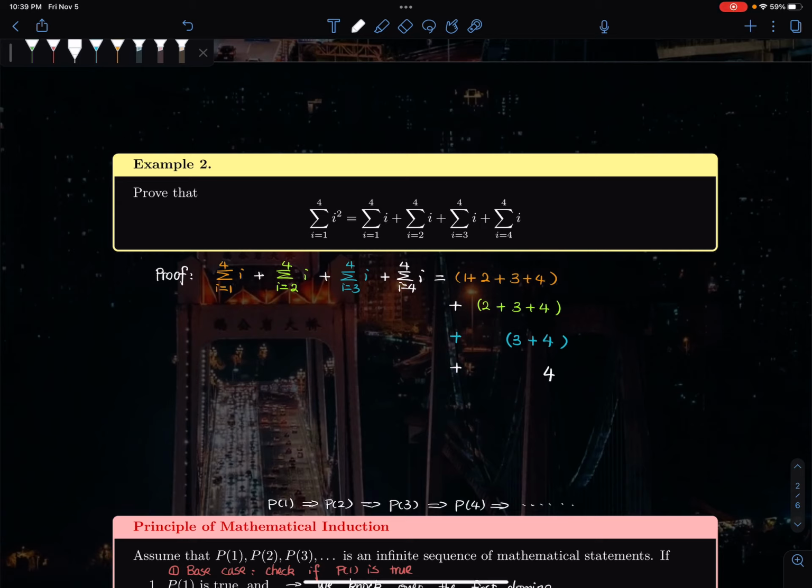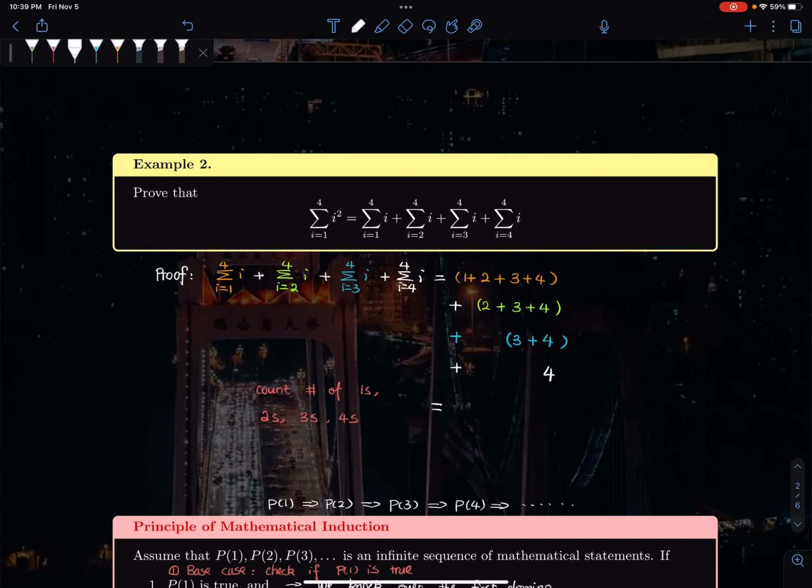Now what do you do? You can collect the like terms. Or, in other words, you can count the number of 1s, 2s, 3s, and 4s. So this is what I did. I count the number of 1s, 2s, 3s, and 4s. So how many 1s do I have?